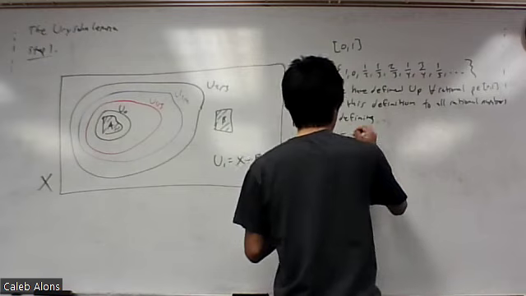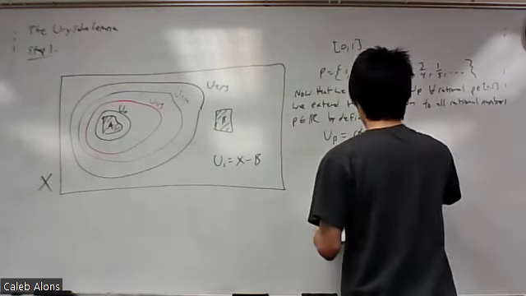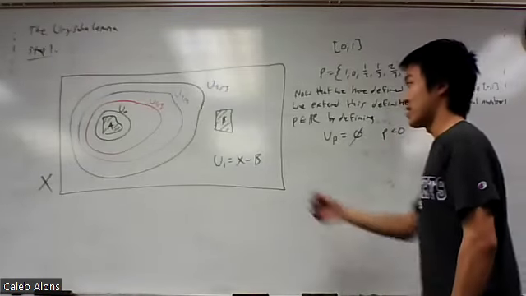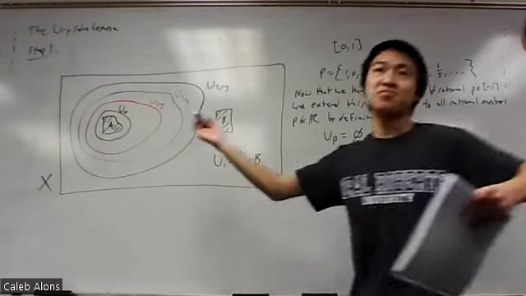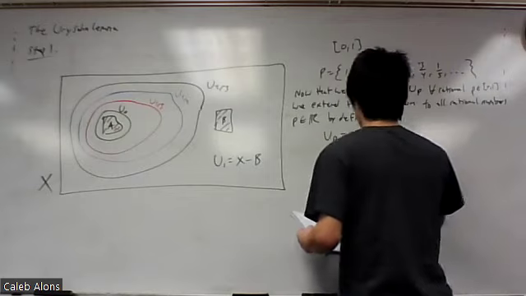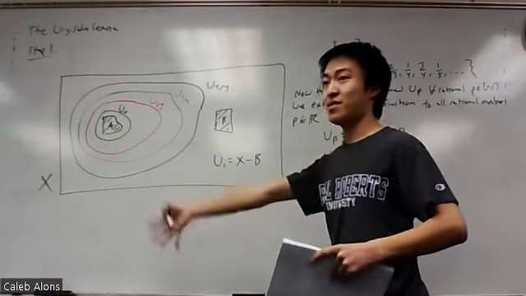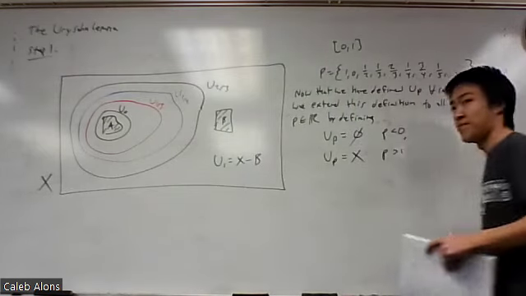I'll assign the empty open set to U_p in the case where p is less than 0. So if I'm dealing with something negative, think about it in the comparison of the relation that's less than here, let's just make it empty, it doesn't do anything. And then we'll assign U_p just the space itself if p exceeds 1.